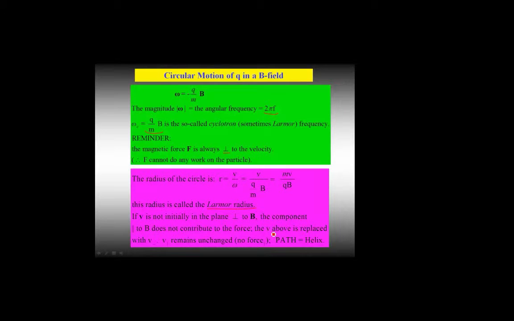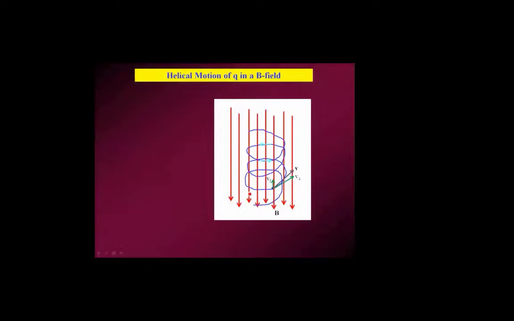So let's take a look at that. Here we have B pointing down, and so if we look from the top, that would be like into the page. If you look at the helix, you have at any instant a component of v which is parallel to the B field, and then you have a component which is perpendicular to it.